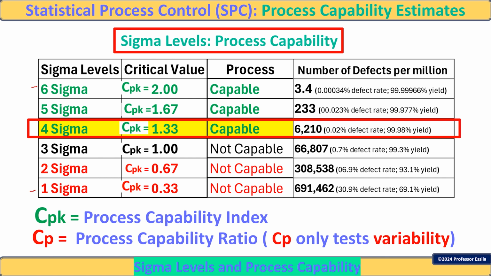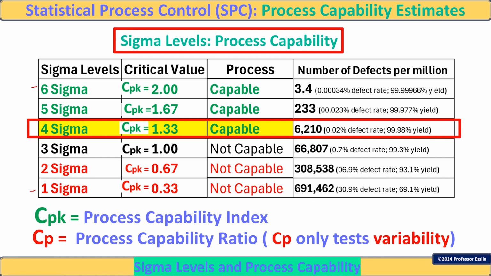So a process that performs, for example, at 4 sigma is more capable than one that performs at 2 sigma. A process that performs at 3 sigma is more capable than one that performs at 1 sigma, and so on. The ideal value here is 6 sigma. Every company dreams of having its process performing at the 6 sigma level.